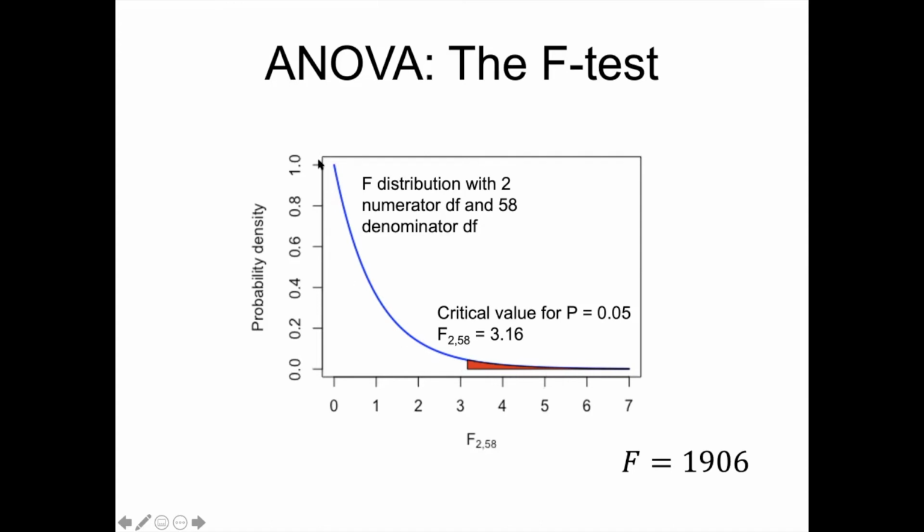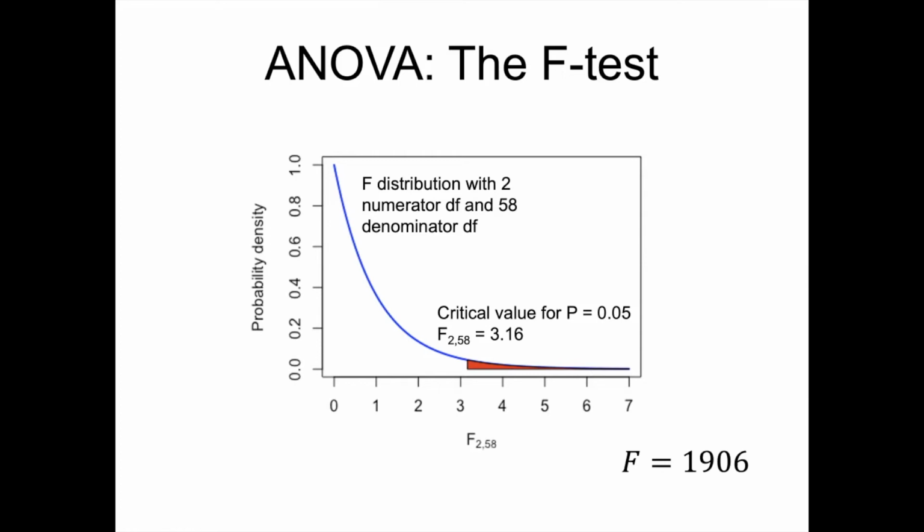And what this blue line represents is the probability of getting an f-test statistic when we have 2 numerator degrees of freedom, 58 denominator degrees of freedom, and when the null hypothesis is true. So when the null hypothesis is true, most of the time we'll calculate an f value close to 0, and only very rarely will we calculate an f statistic as big as 4 or 5 or maybe even 6.